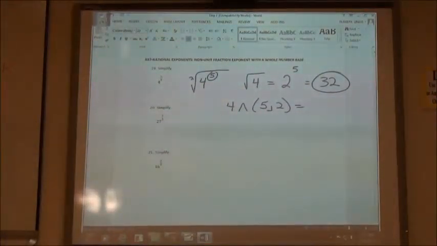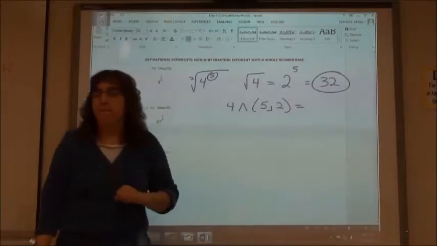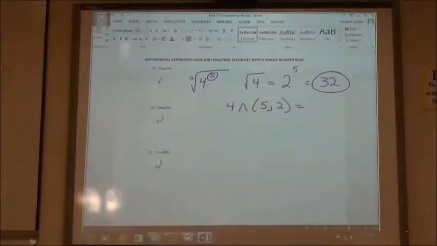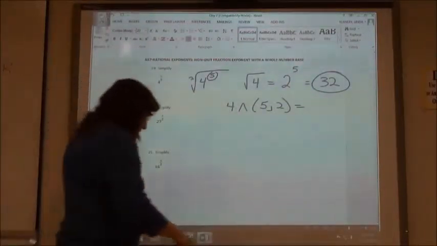Again, try to do it on your paper first and check it with your calculator, but go ahead, put in 4 to the 5/2 power on your calculator. We get 32, right? Okay.